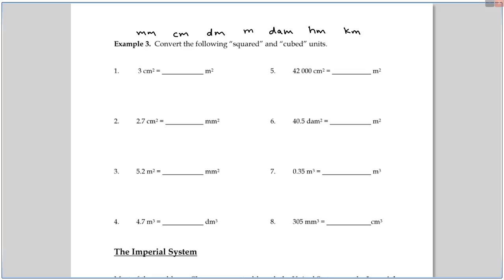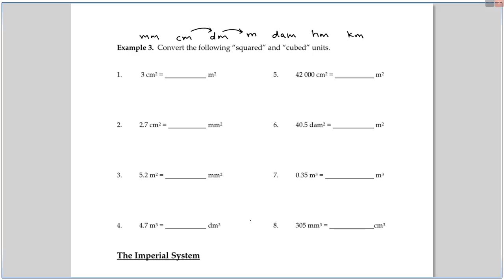So centimeter to meter, how many jumps is that? 1, 2. The unit got bigger. So do we divide or do we times? We divide. The unit's getting bigger, so our number has to get smaller. So we divide by 10 squared, we divide by 10 squared.